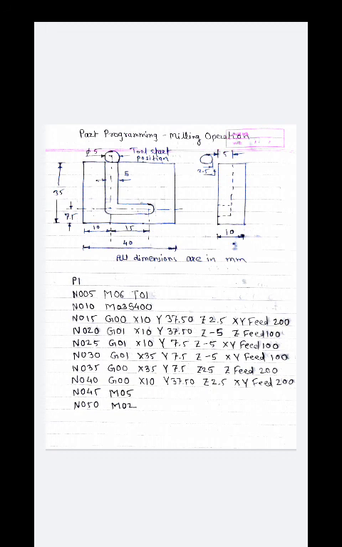So here you can do the programming for a milling operation. In our previous lecture we have seen the part programming for a drilling operation, and before that we have seen an example of part programming for a milling operation. Here our example is the second example of part programming of a milling operation, in total this is the third example.